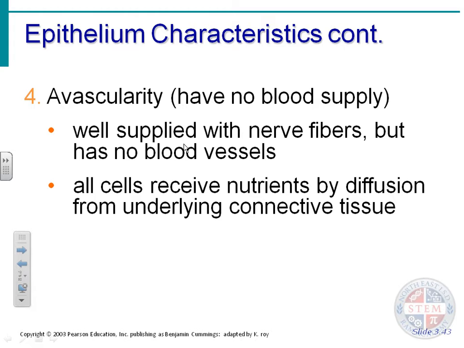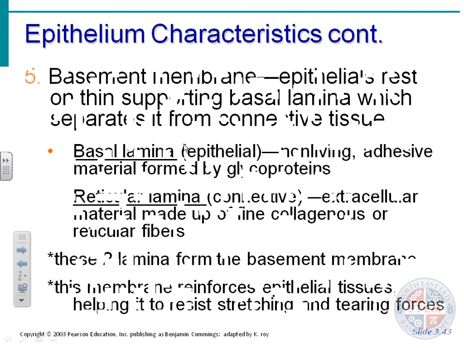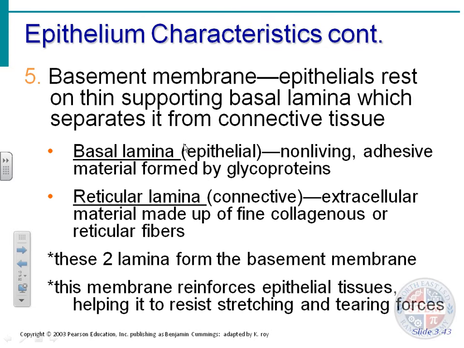Now, all cells get nutrients by diffusion from the underlying connective tissue. So that's how the epithelium gets its nutrients. Characteristics continued: you have a basement membrane. The epithelium has a basement membrane that all the epithelial cells rest on.